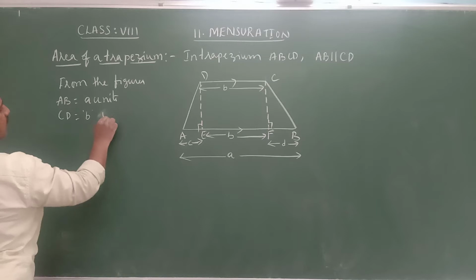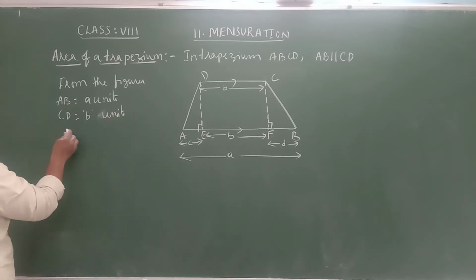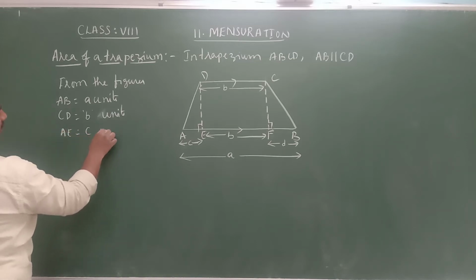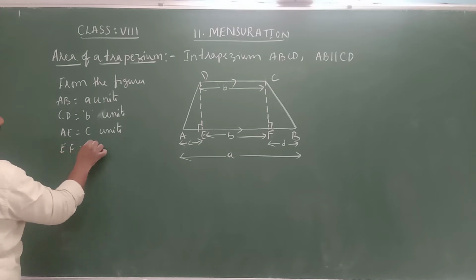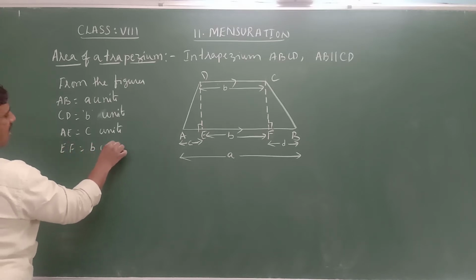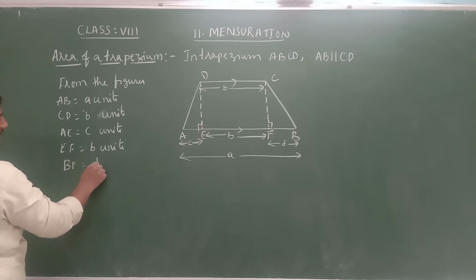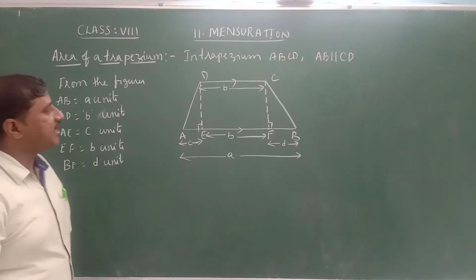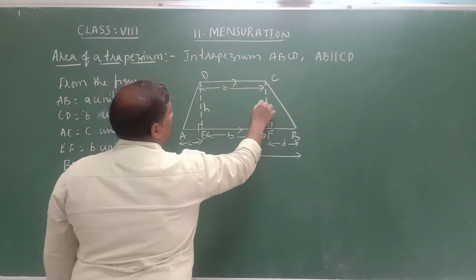AE is equal to C units, EF is equal to B units, and BF is equal to D units, and the perpendicular distance between the two parallel sides, that is DE and CF, both are H units.